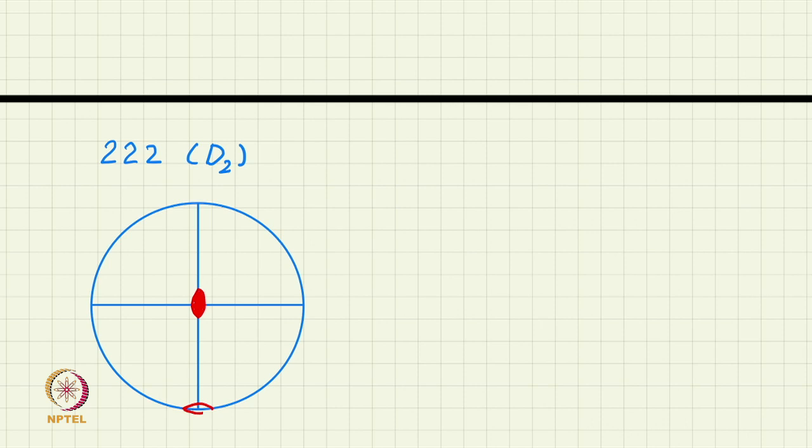Since I need a 2-fold axis perpendicular to this 2-fold, I place a horizontal 2-fold which will come on the primitive. So, I have drawn this other 2-fold.